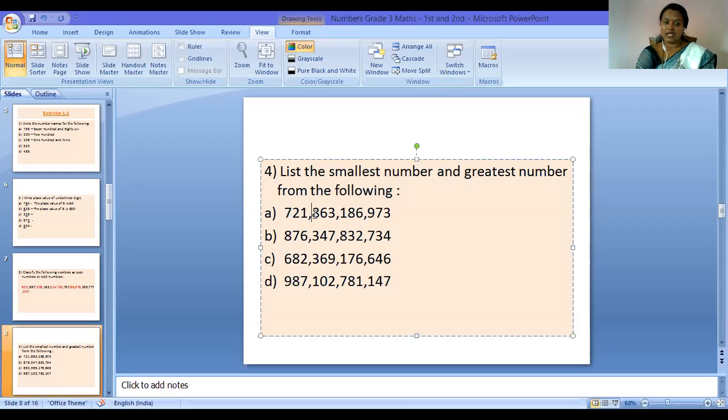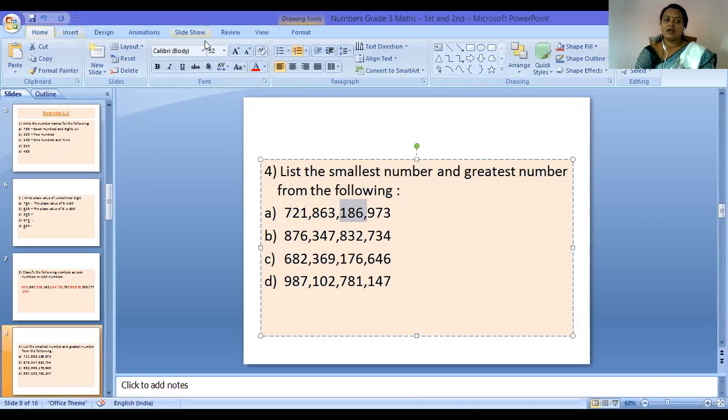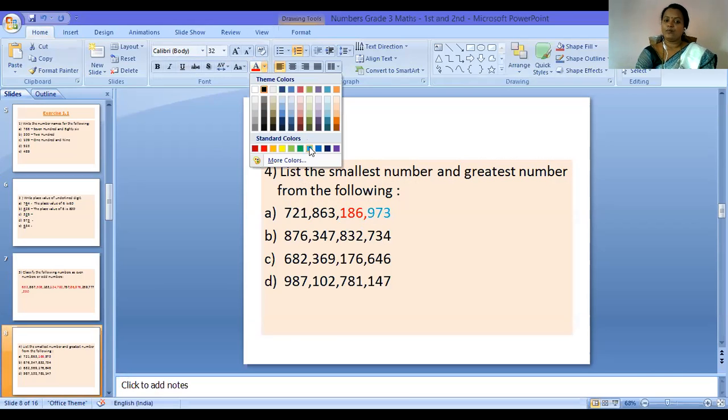Here we have 8. Here we have 1 and the last one is 9. Here you could make out the least one is 186. So I'm going to highlight it with red, specifying that it is the smallest number of all. And let us see the greatest number, that is 973. I'm going to highlight the greatest number with blue.